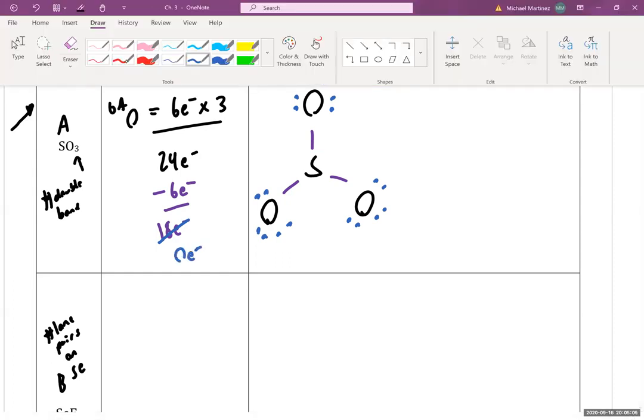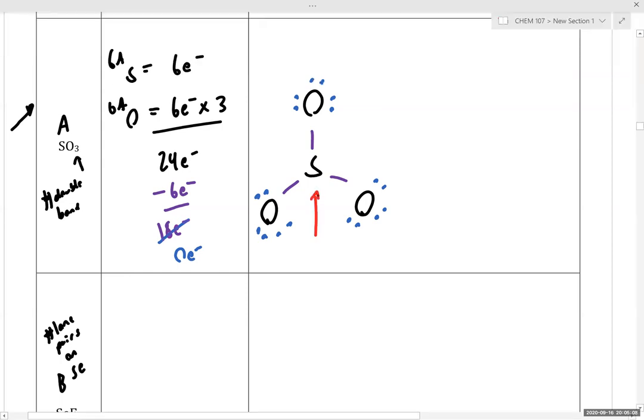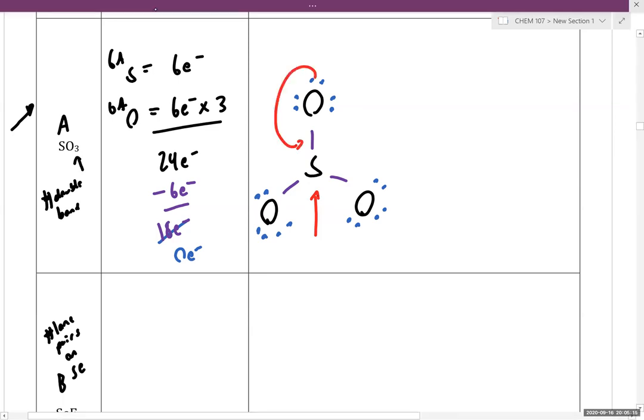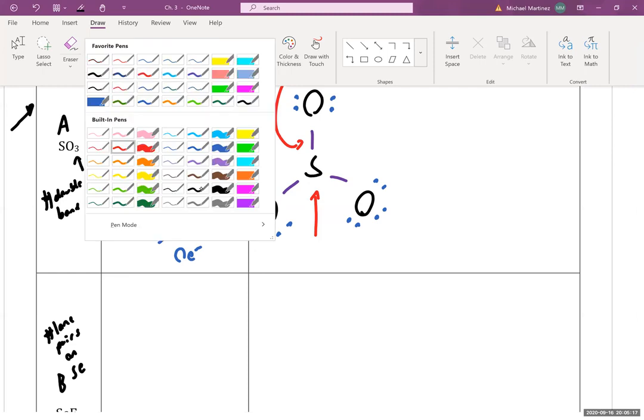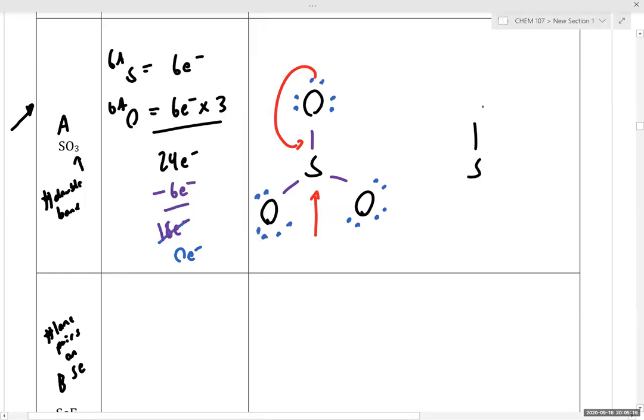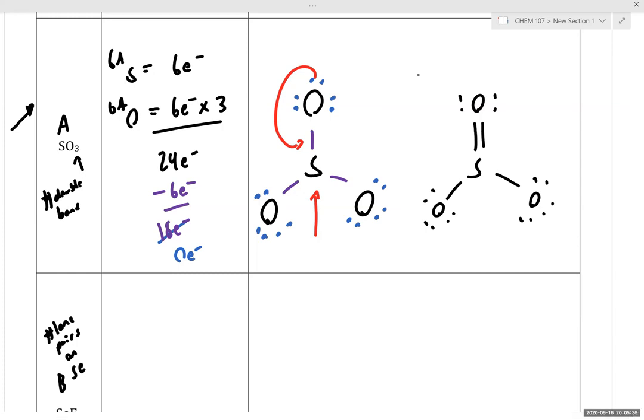Now, sulfur is not very happy, so what do we do to complete its octet? Double bond. Yep, we take our lone pair and we convert it into a double bond. That in turn gives us the following valid Lewis structure. And as we see, all of our atoms have 8 valence electrons.